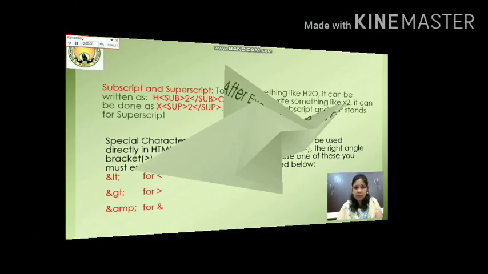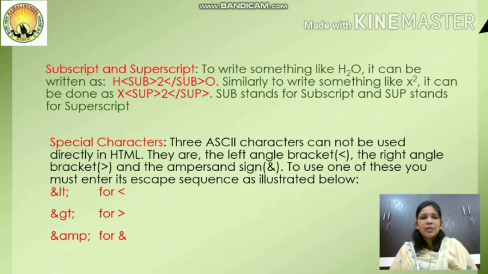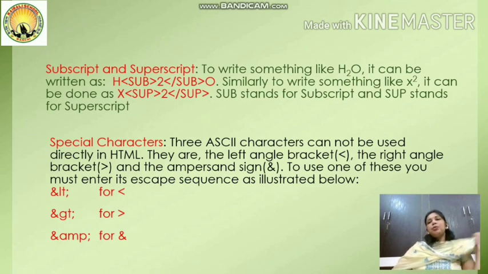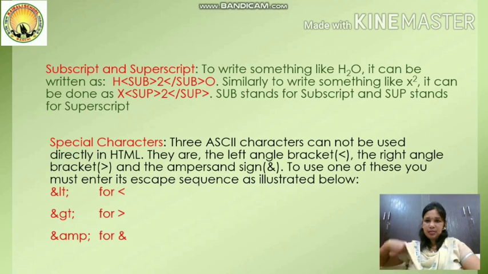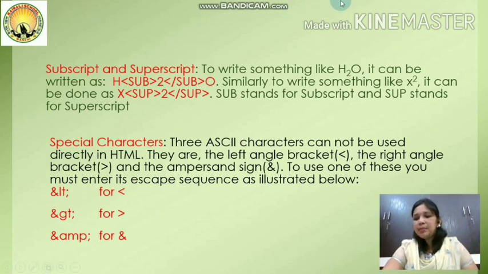Next, we are going to start with subscript and superscript. Subscript means if you want to write some character at the base, and superscript means if you want to write some character as the power. In that case, we are going to use these two tags, SUB and SUP. SUB stands for subscript and SUP stands for superscript.